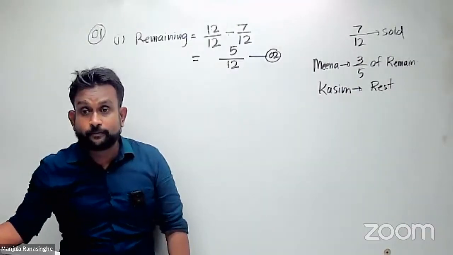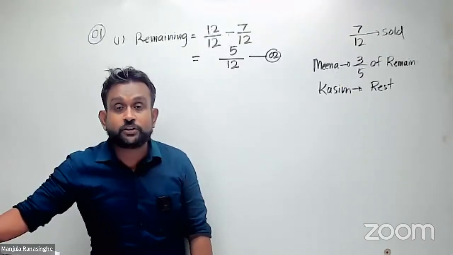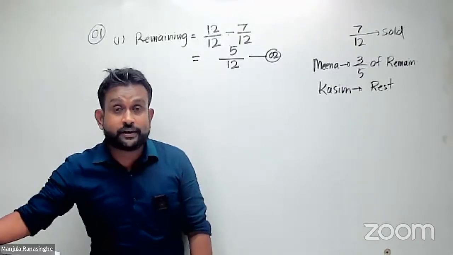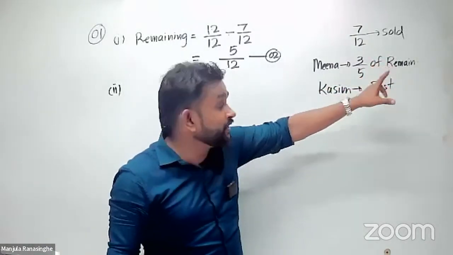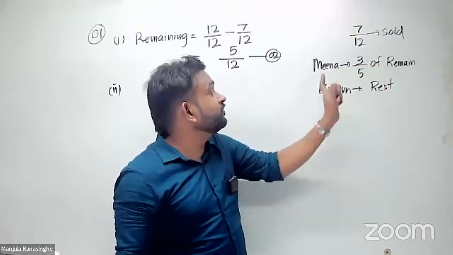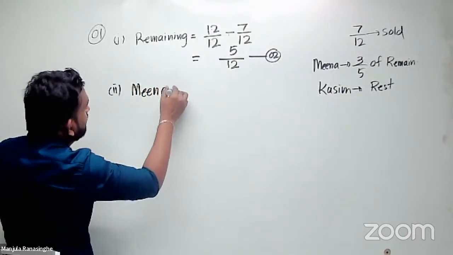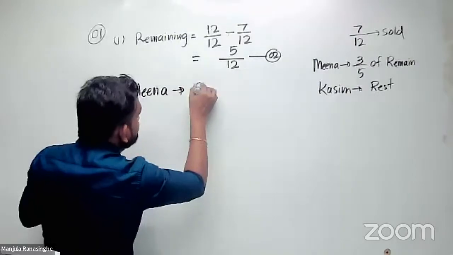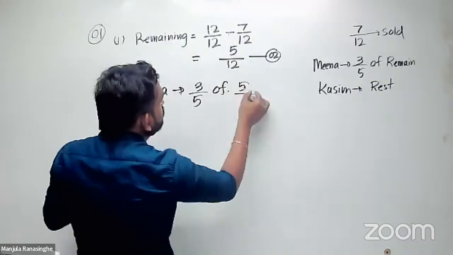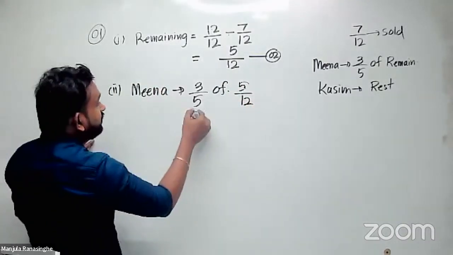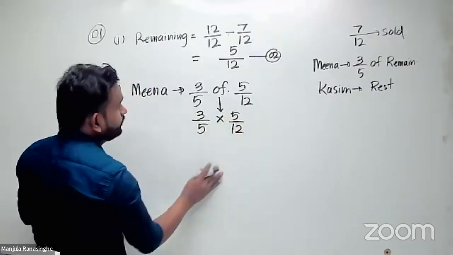In part 2, express the number of olives which was given to Meena as a fraction of the total number of olives. From the remaining, 3/5 of the remaining was given to Meena. And the remaining is 5/12. So 3/5 of means multiplication, 3/5 times 5/12.